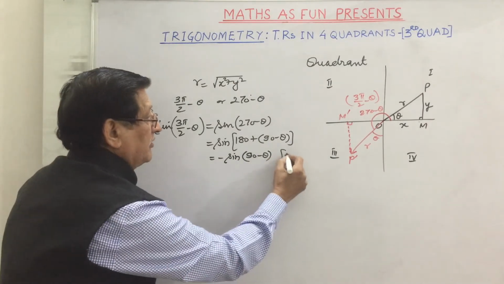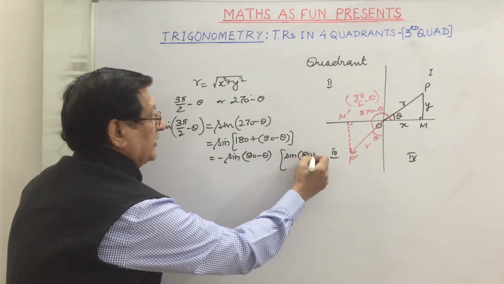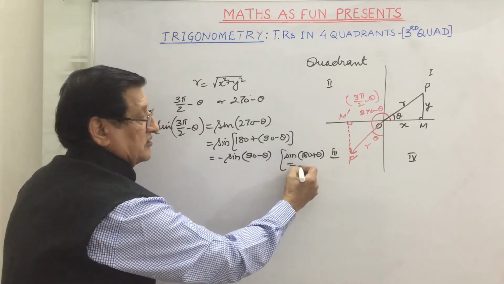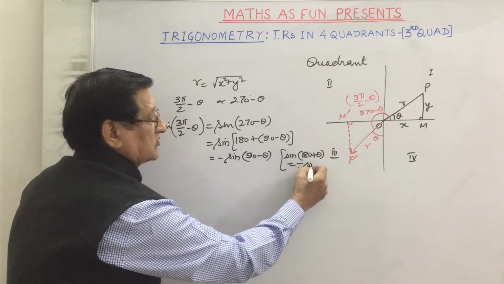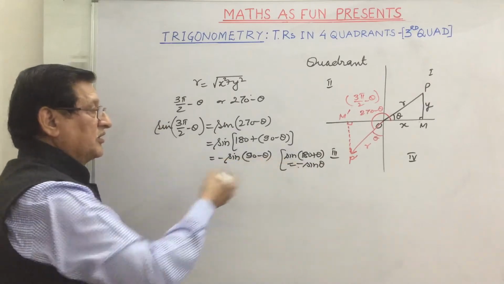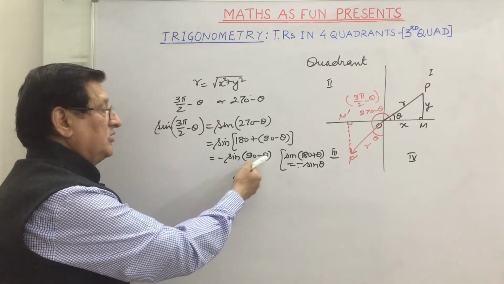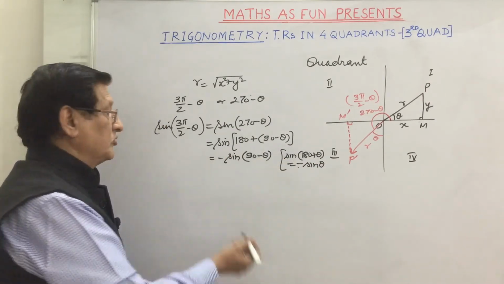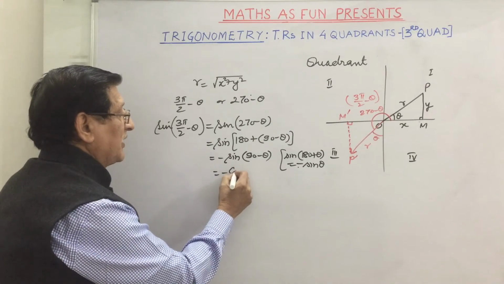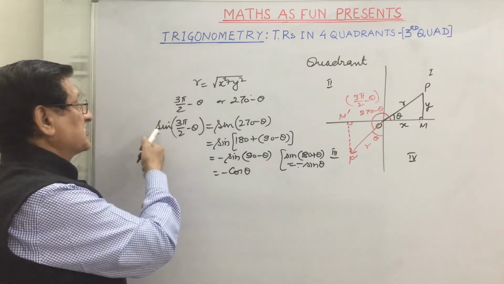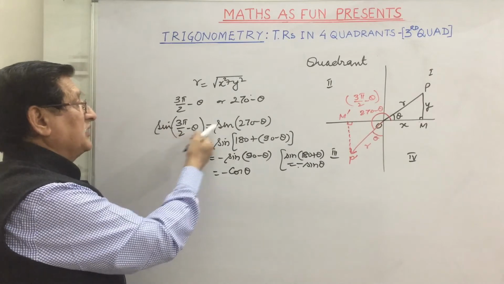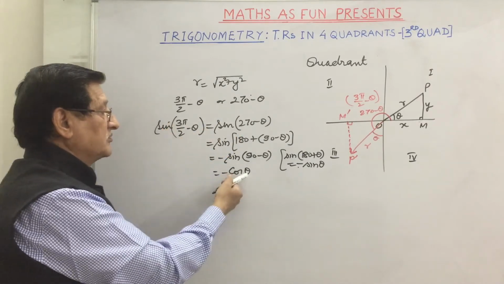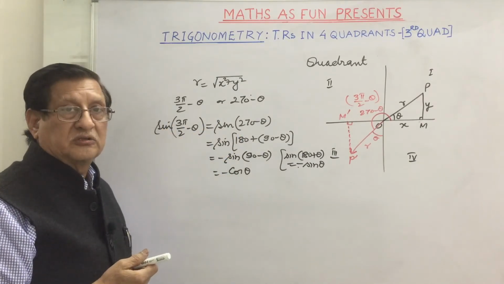We have made use of that. And we also know sine 90 minus theta is cos theta. So we can write this as minus cos of theta. It means sine 270 minus theta, or 3 pi by 2 minus theta is minus cos theta.